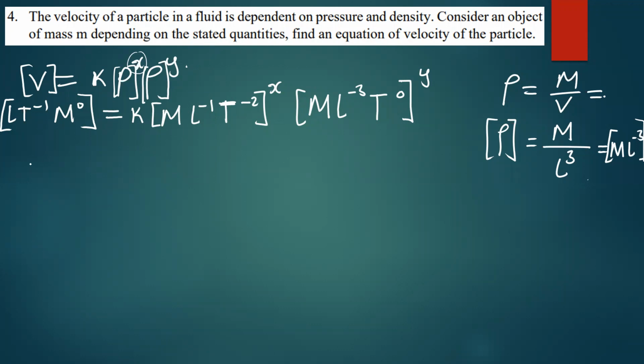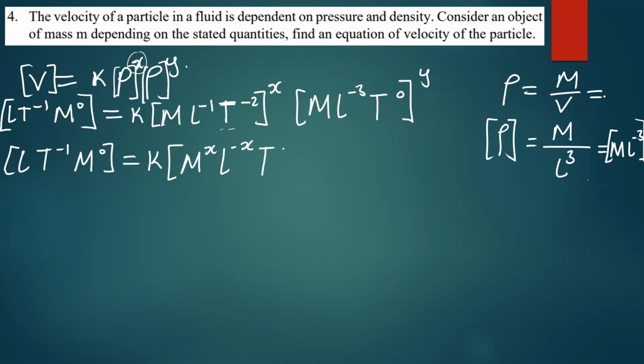So this side we're going to have L T negative 1 M to the power 0, and we say this is equal to k, then M to the power x, L to the power negative x, T to the power negative 2x.